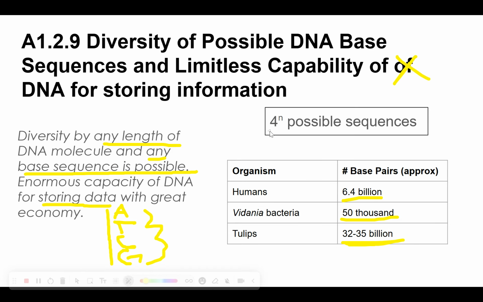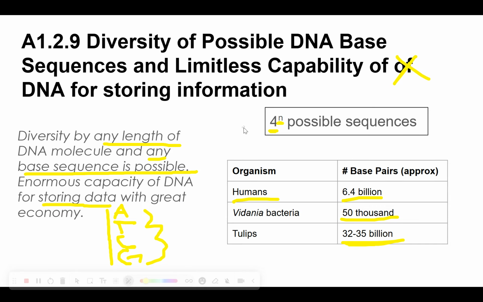So since there are 4 bases, they say that, for example, in humans, there are 4 to the 6.4 billion possible sequences of DNA that could be present in the organism because the bases can go in any order. And it turns out, when you look at a genome, that's not strictly completely true.